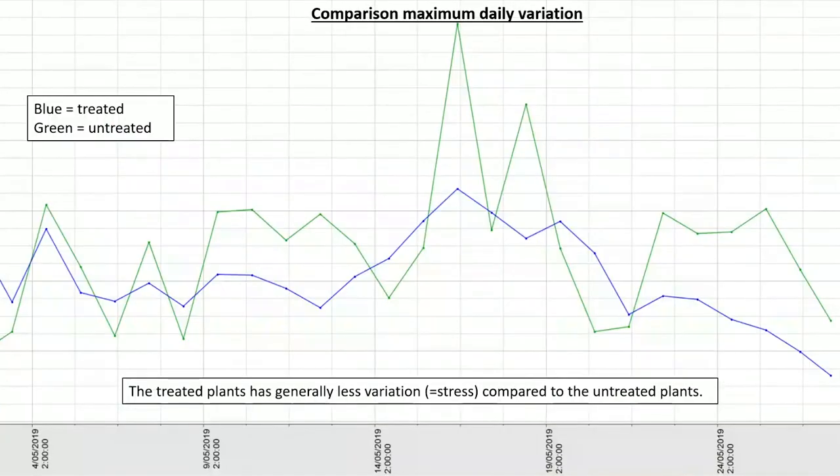So if you look here, this is a comparison of the maximum daily variation. Each point here is one day, and it actually shows that the plants that have been treated have generally less variation compared to the green one.